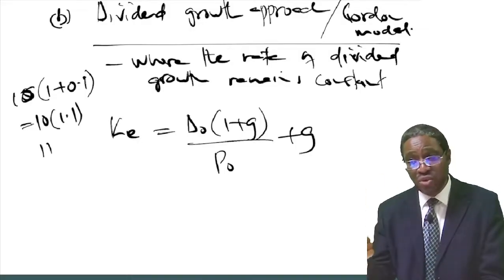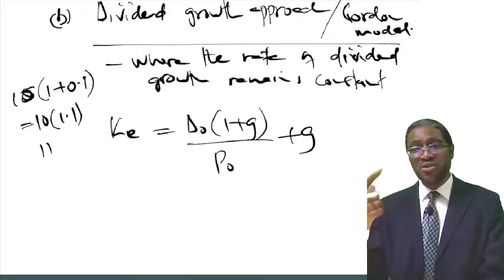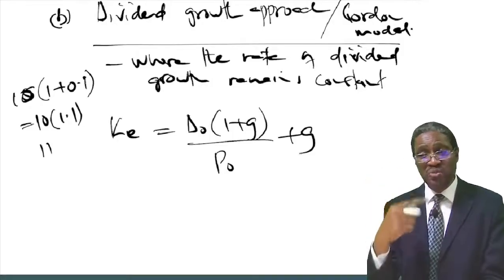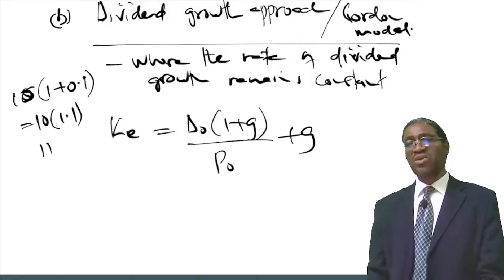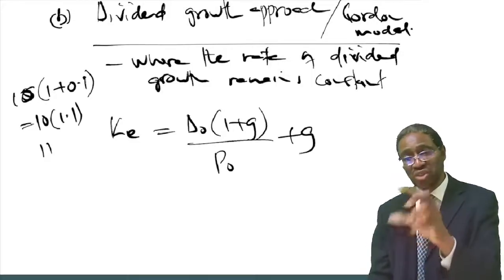The other year it will grow by another 10%. So that is what we are saying: where we expect the growth rate to be constant, then we use this formula.